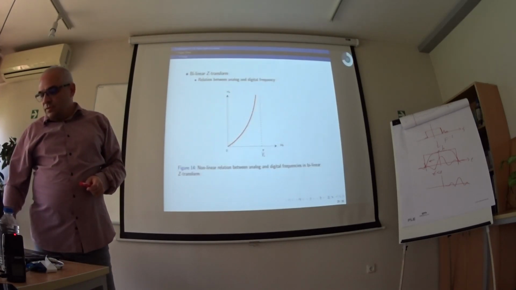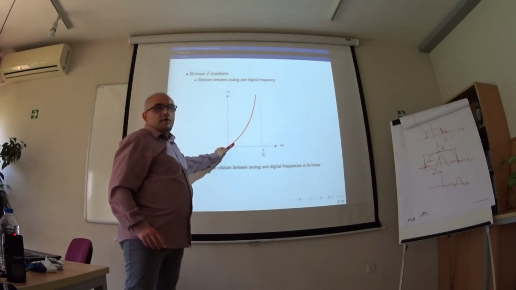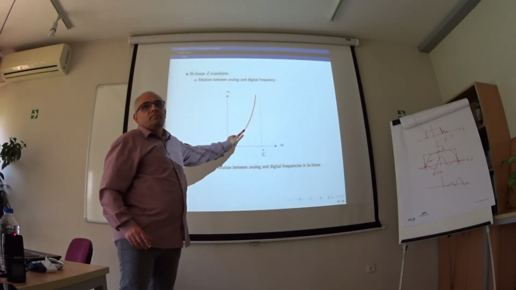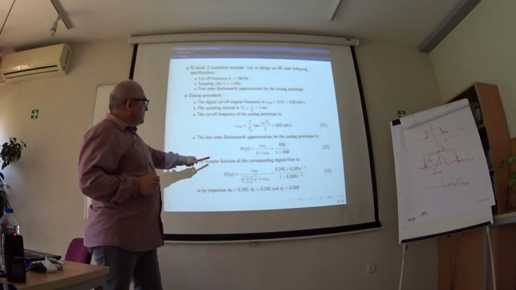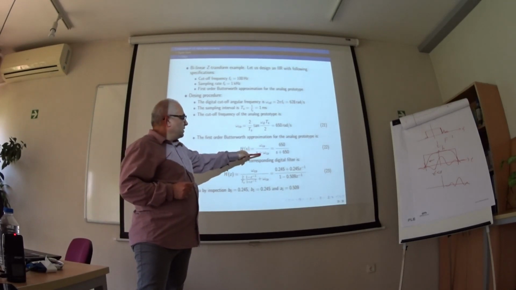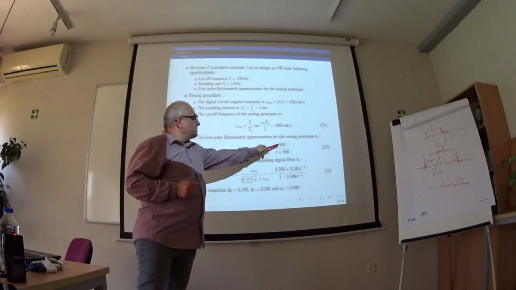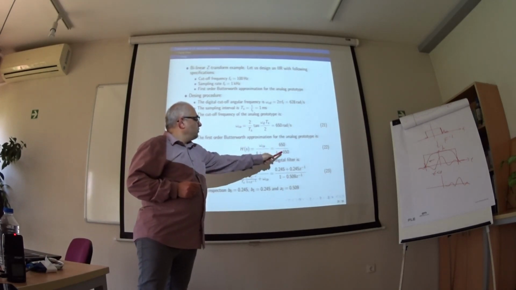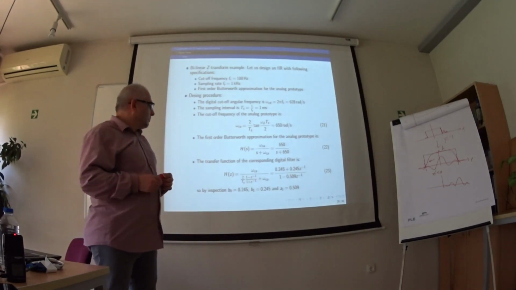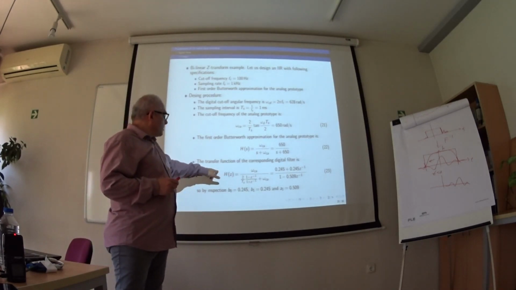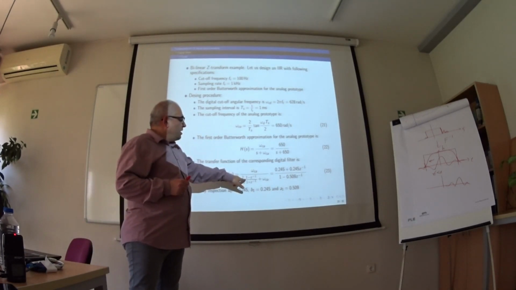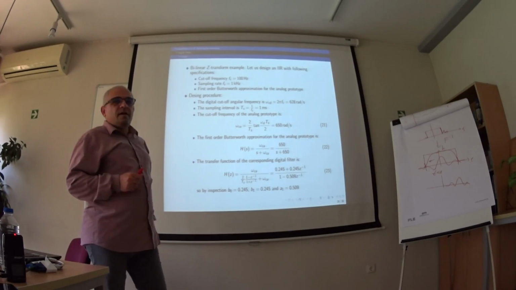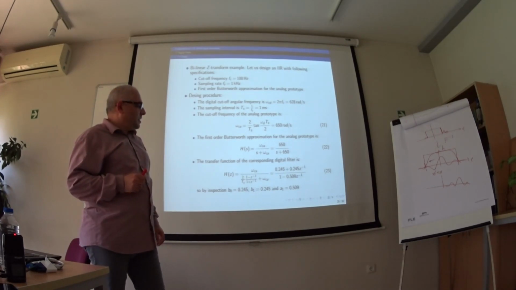If this frequency was very low here in the linear region, the things would be okay, but now our filter uses Butterworth approximation, so we substitute 650 as the cutoff frequency, and we substitute S with Z with some very elementary rearrangements.